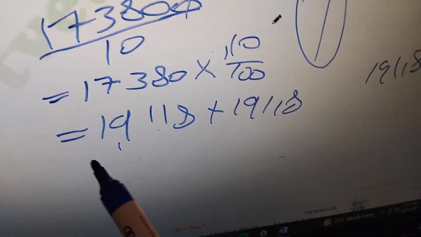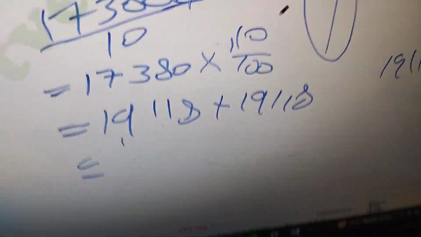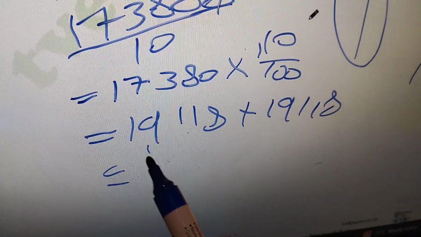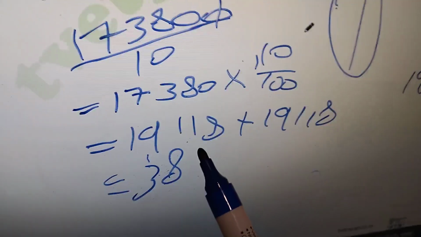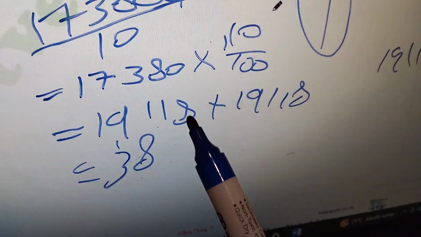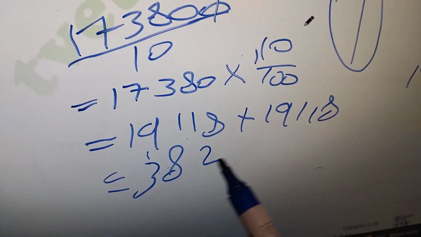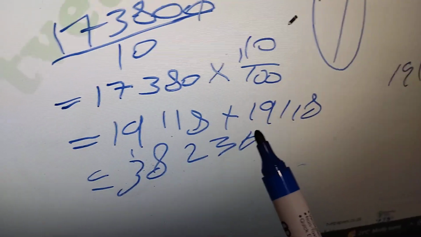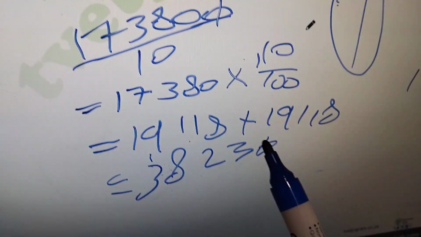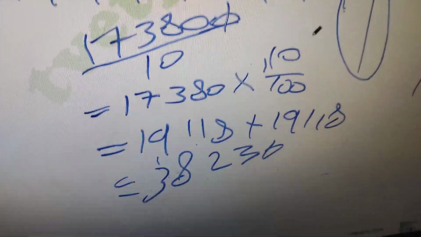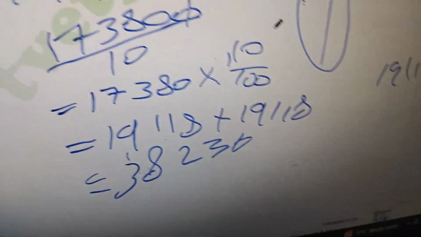It's up to you. So when you add this up, it must give you 38,236. That's how you're going to do your salaries.